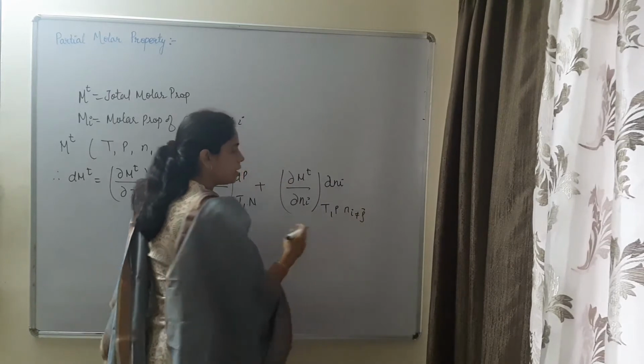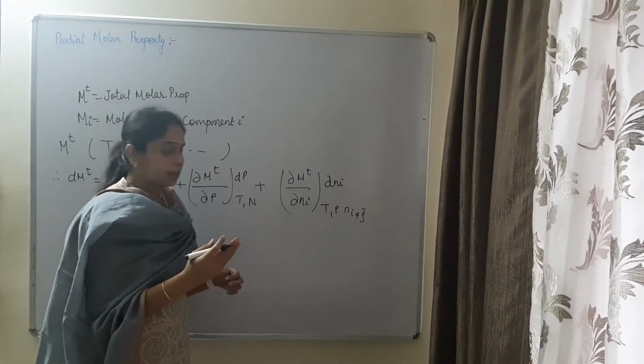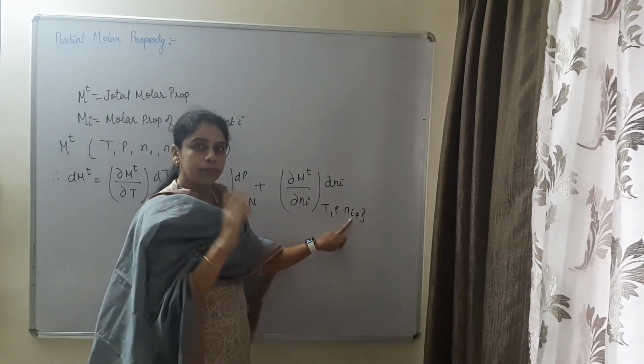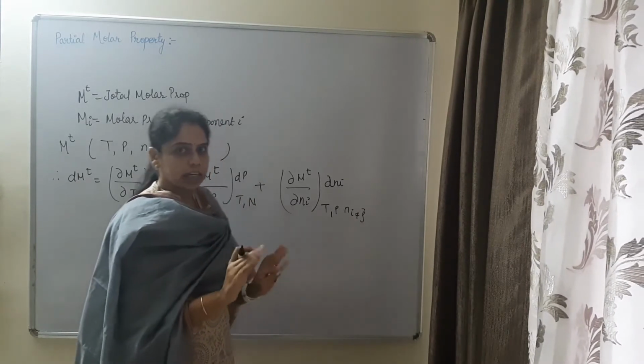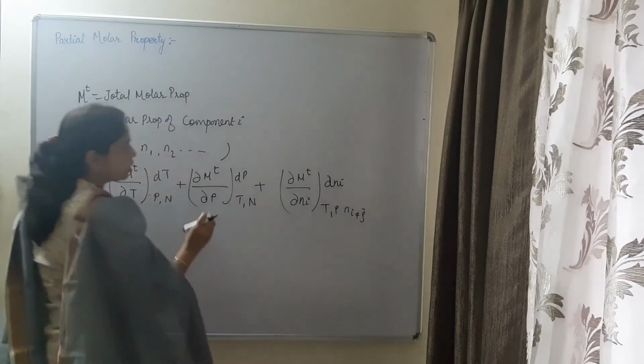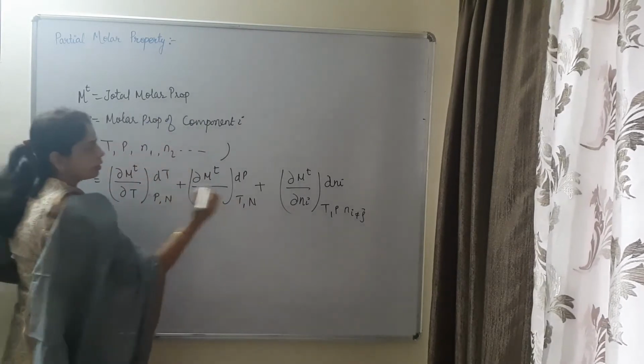That means there are j components present, but only one component is changing, and the rest remain unchanged or constant. So this is our first equation.